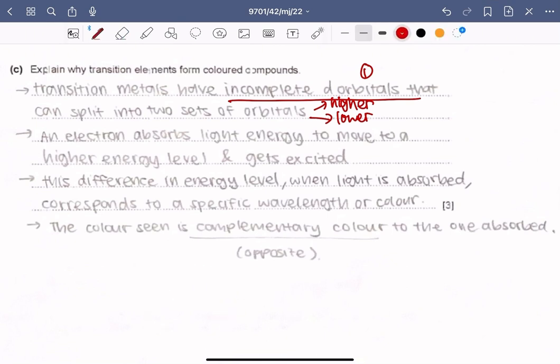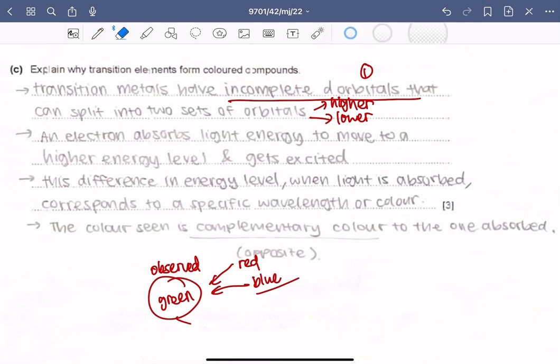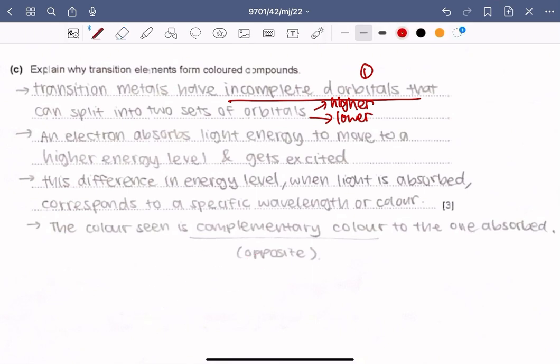If plants are green, they have a green color that is observed, and because of this, red and blue light are actually absorbed. Red and blue are complementary colors to green, and therefore you could say that the color seen is complementary to the one absorbed.